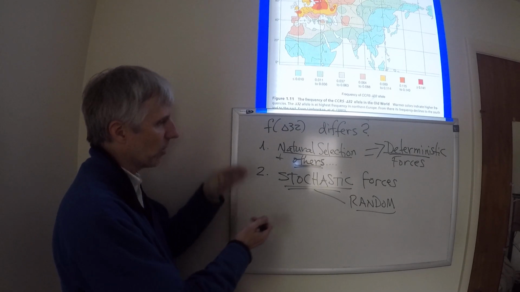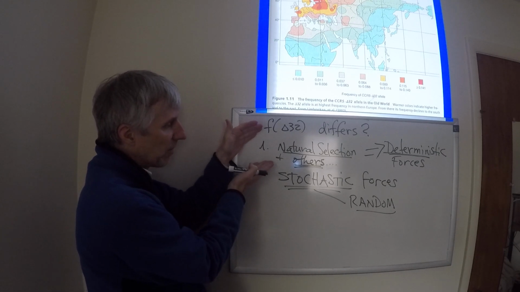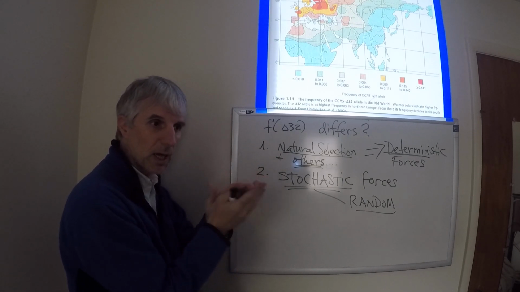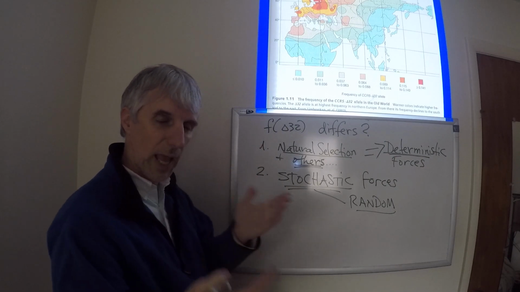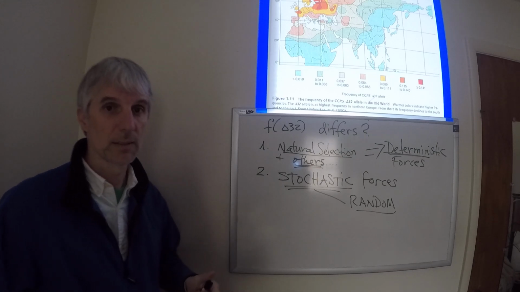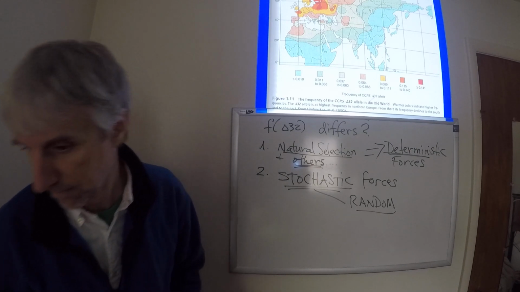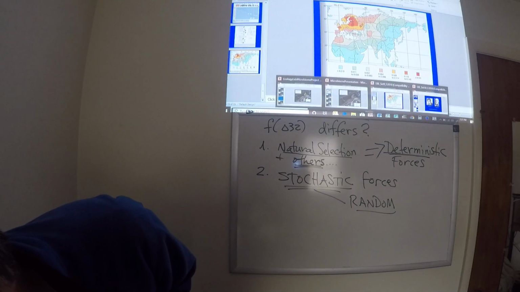So over the next few weeks, as we tear apart these evolutionary forces, some of them are going to be deterministic. I will have equations that go along with them. And some of them are stochastic, meaning I don't know what's going to happen. Okay? All right. Let me just switch my PowerPoints over here.